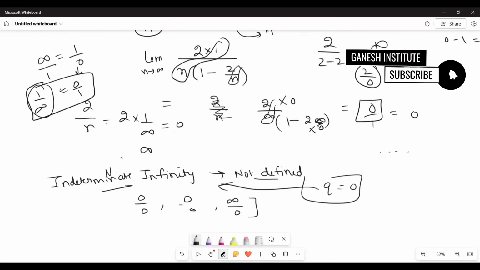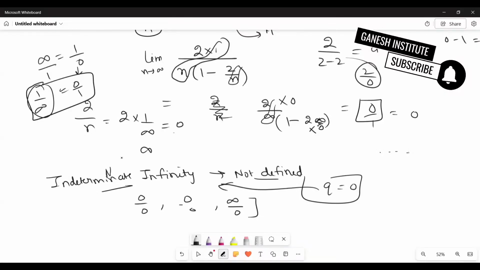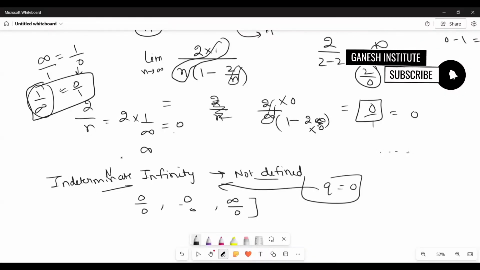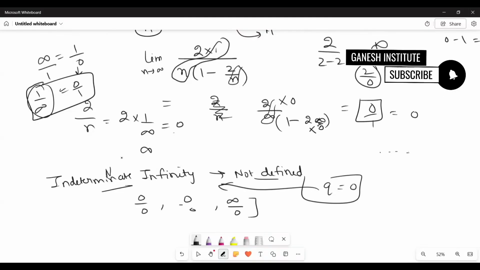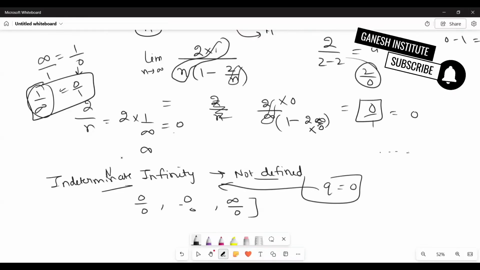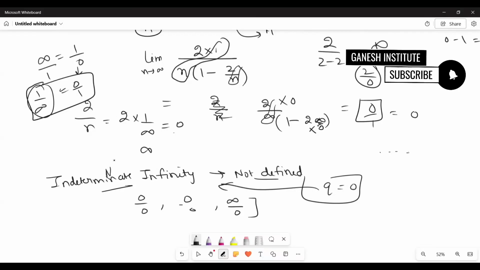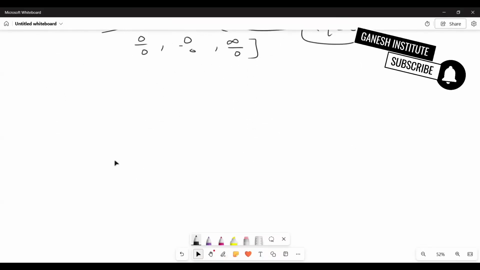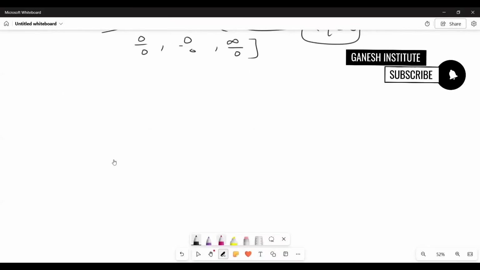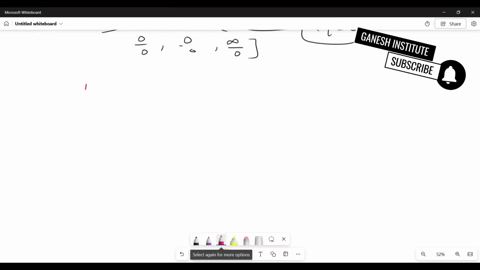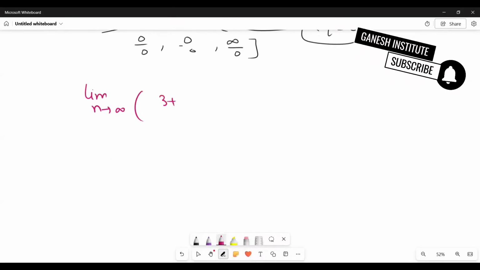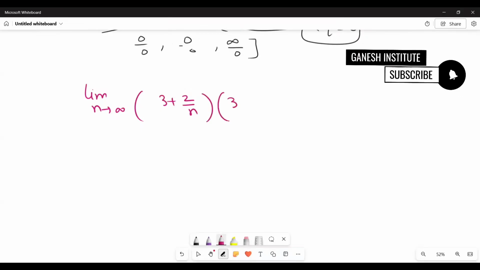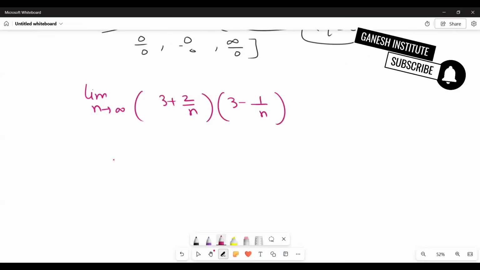Next question. I have limit n tends to infinity, (3 plus 2 by n) (3 minus 1 by n).